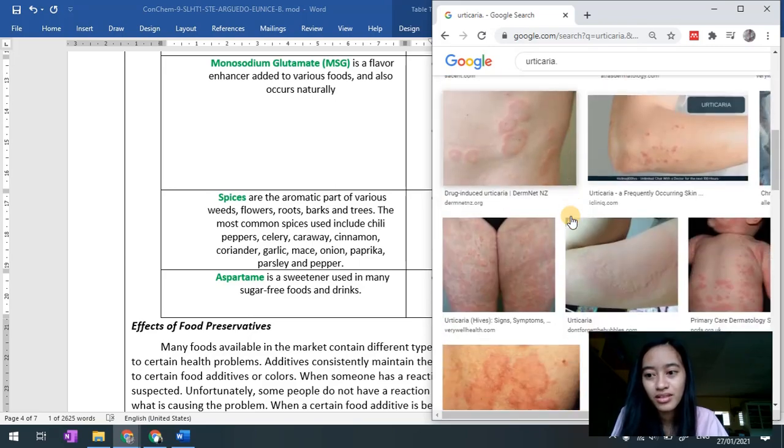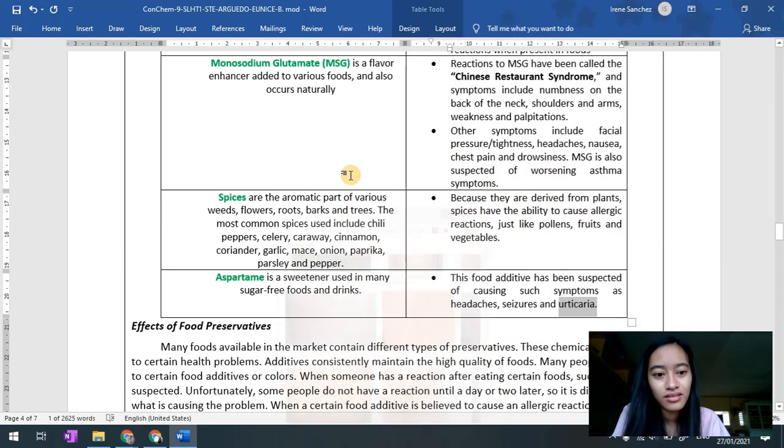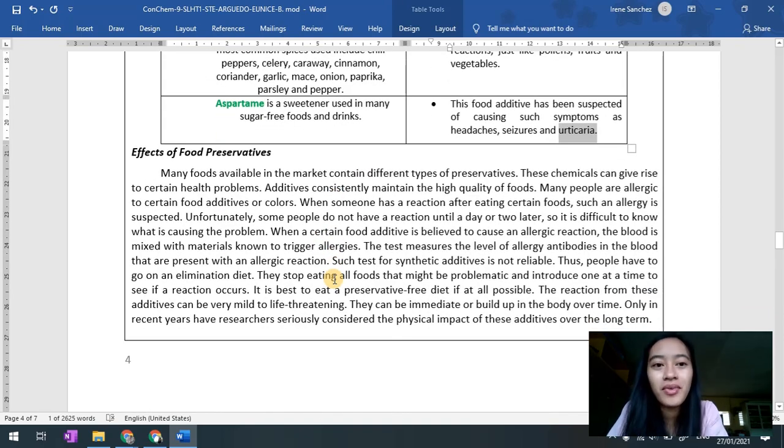Okay. So the effects of food preservatives. Many foods available in the market contain different types of preservatives. These chemicals can give rise to certain health problems, and we cannot just ignore them. Additives consistently maintain the high quality of foods.